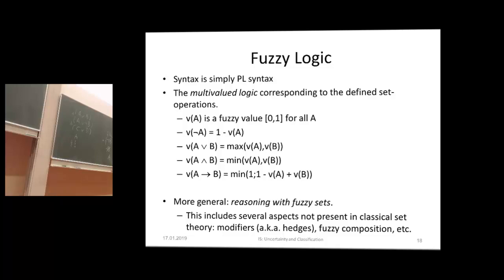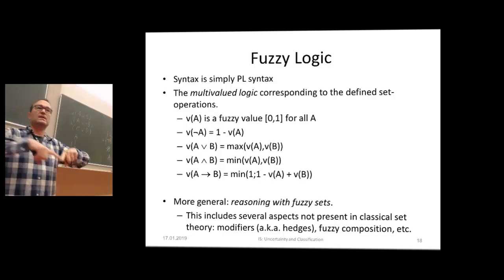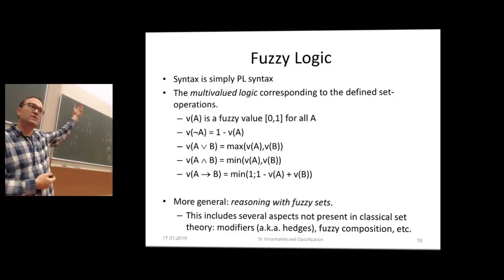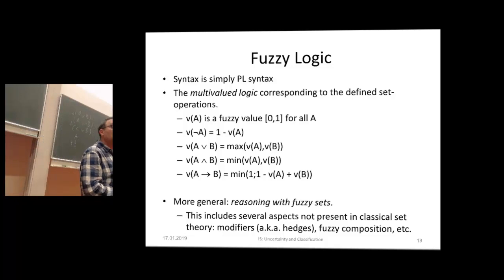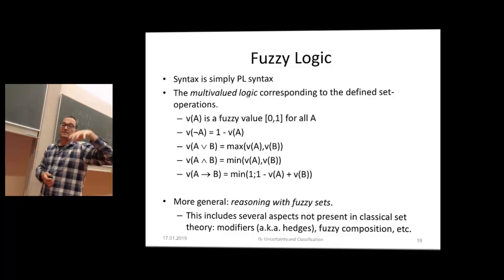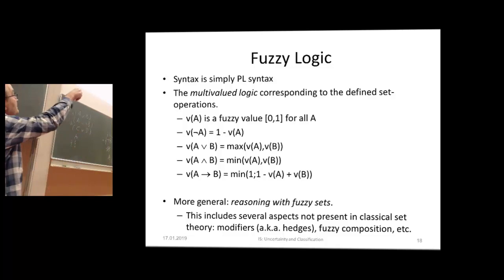So you can give a number, a degree to which it belongs to this set, to the individual objects in your set. And then you can extend this semantics. So now we don't assign true or false anymore, but we assign a value between 0 and 1. And then we can extend this by the following operators.